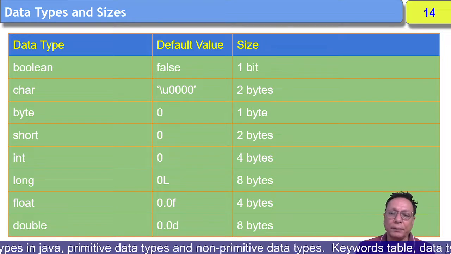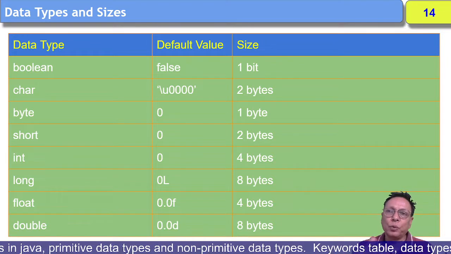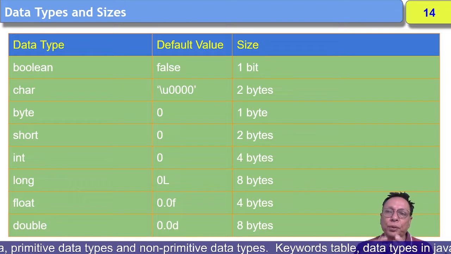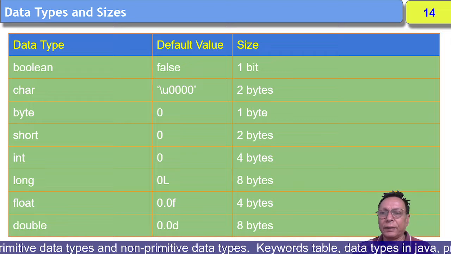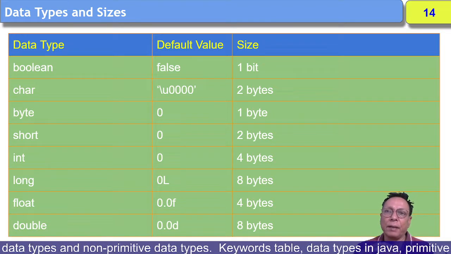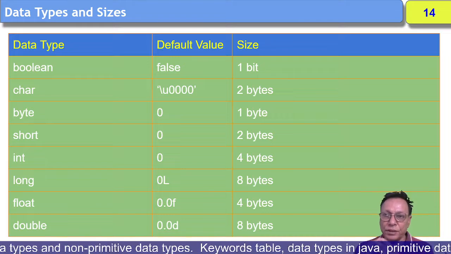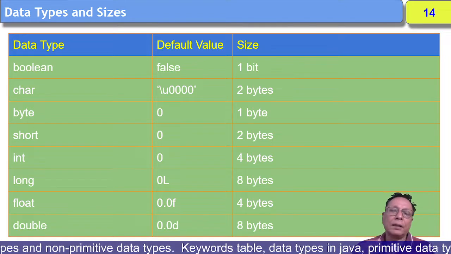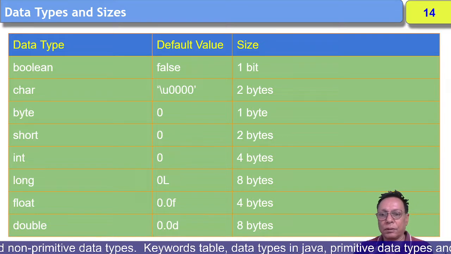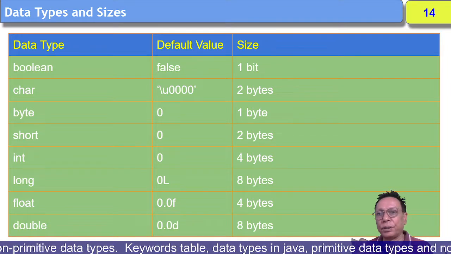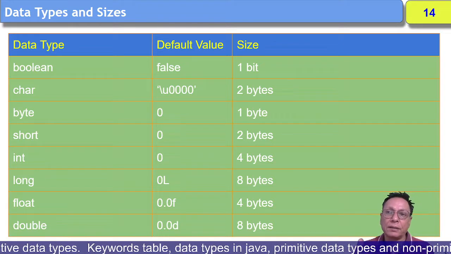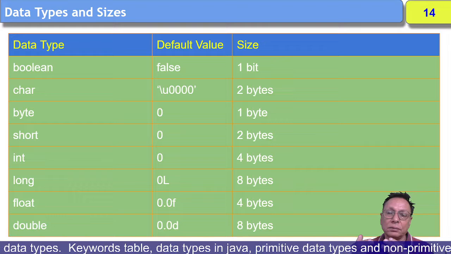Then we come to character. Earlier it was discussed that if you are going to use character type, you will have to use or consider ASCII, American Standard Code for Information Interchange. But character data type is now Unicodes, or character data type is converted into Unicodes, and Unicodes are more than ASCII characters, more than 3000 characters.